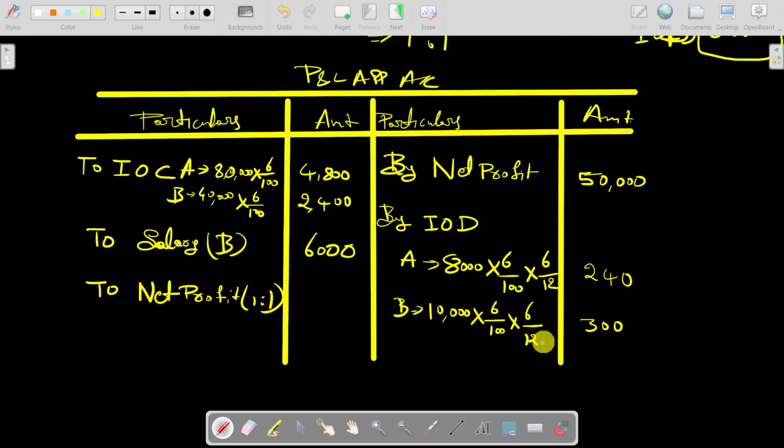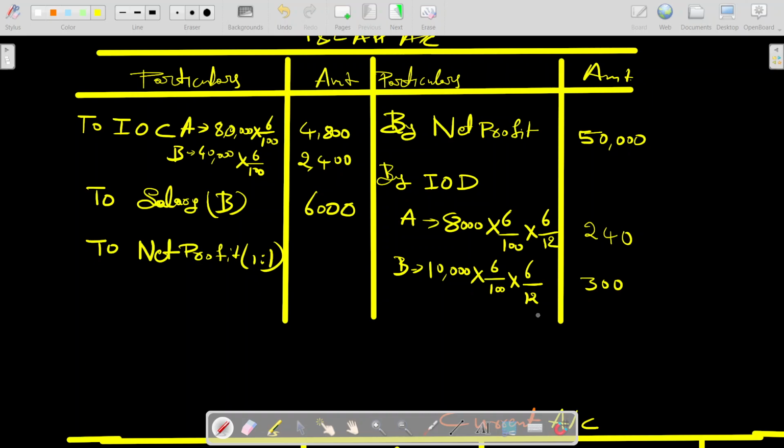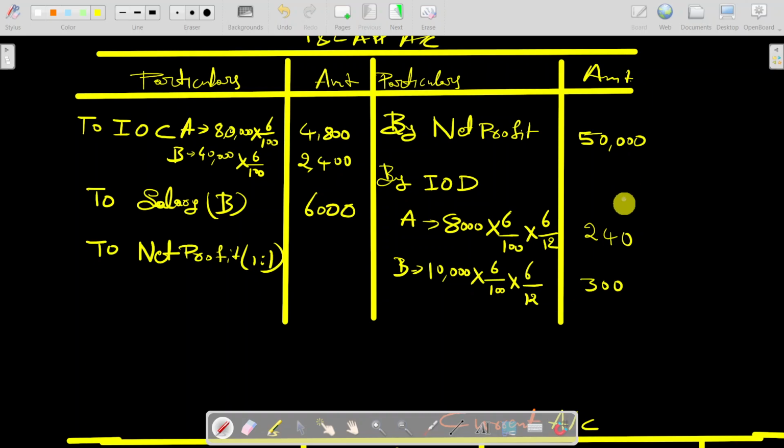And next we have to calculate the net divisible profit. We have to do the total of credit, and we have to subtract the debit items from the credit items. So we will get a total of 50,540.